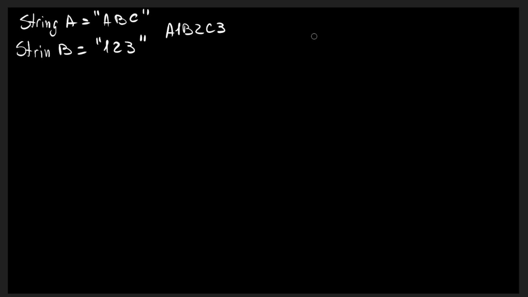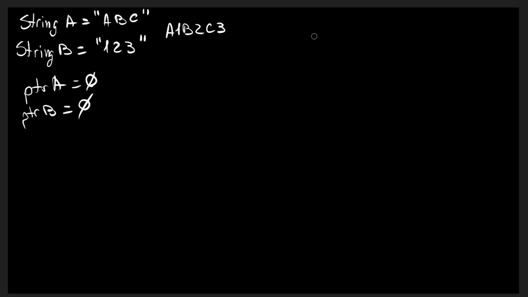So I think we're going to need 2 pointers, one pointer for traversing string A, another pointer for traversing string B. So we're going to have a pointer A and a pointer B. Each one of them will be initialized at 0.